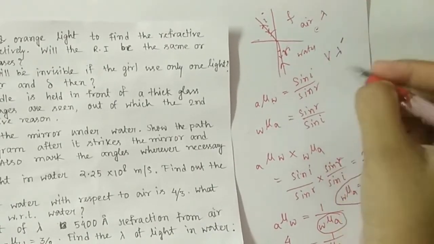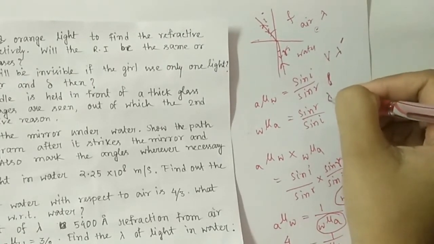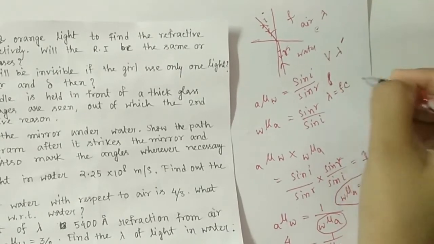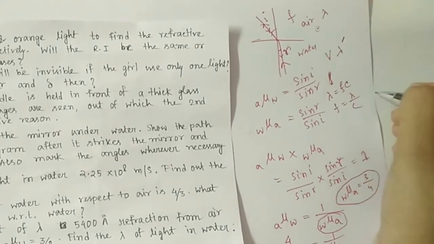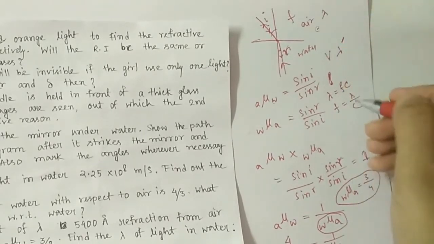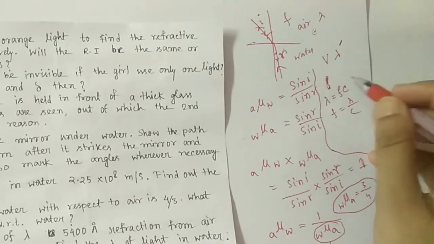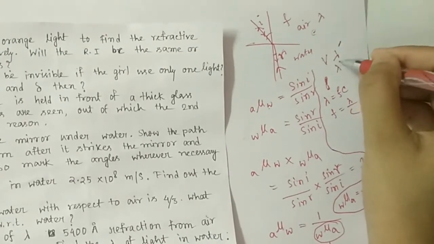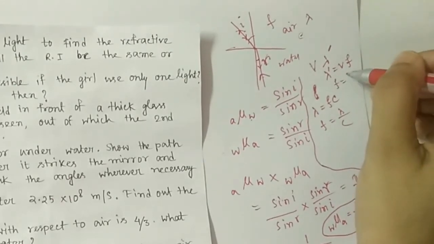So finally, in this medium we know the relation that c is equal to f lambda. So we can write that f is equal to c by lambda for the first medium, and for the second medium we can also write that lambda dash will be v into f. So here you can also write that f is equal to v by lambda dash.